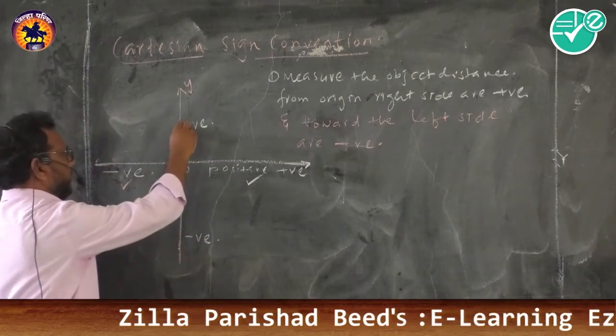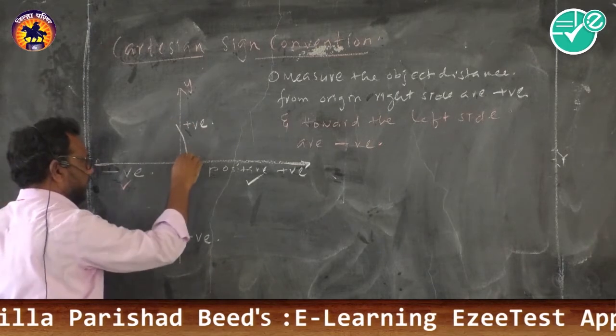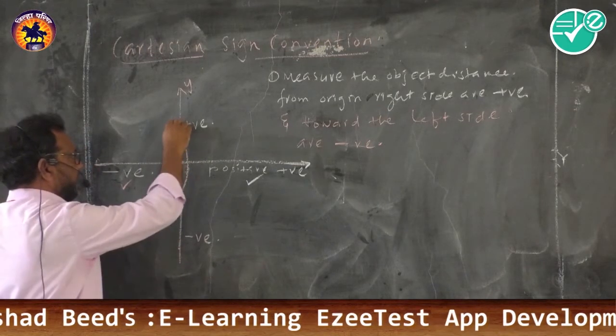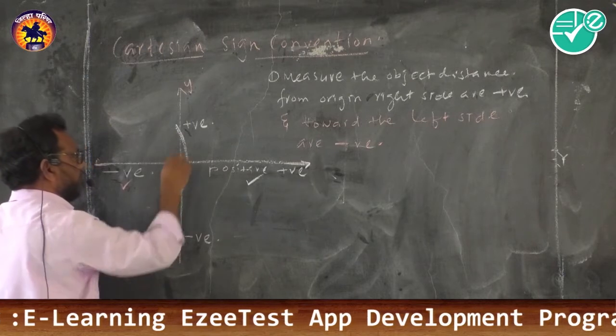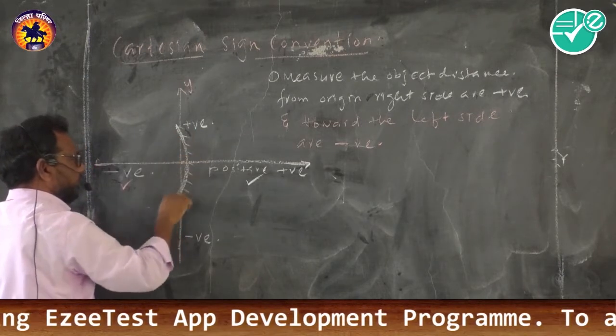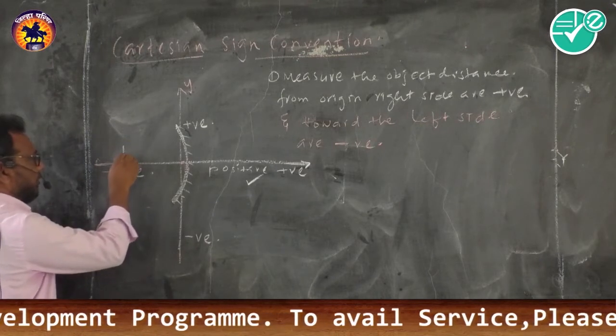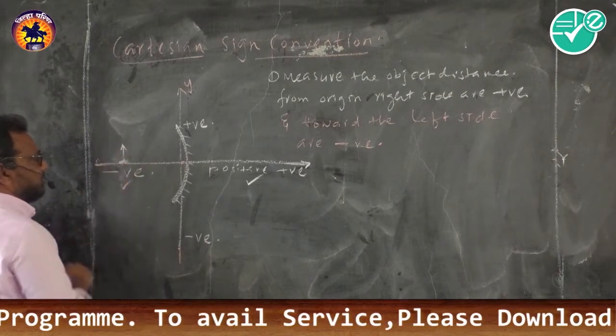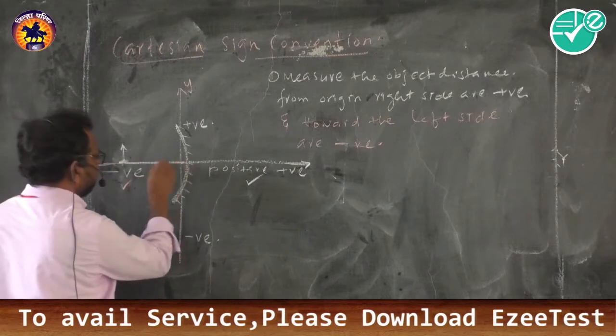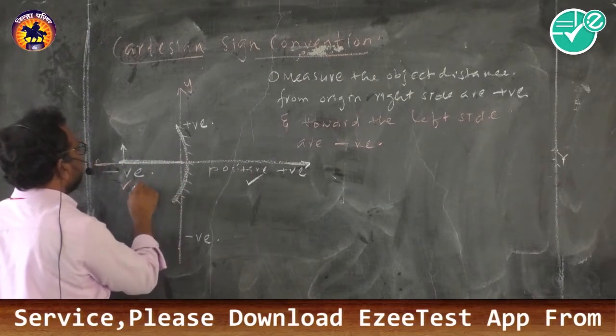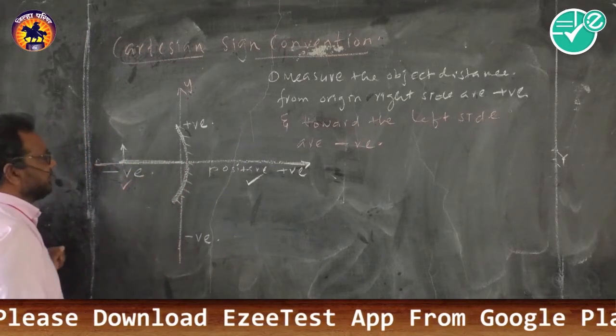Suppose there is a mirror, any type of mirror, like this concave mirror, and now I put an object here on the x-axis. Then this distance is taken as a negative distance.